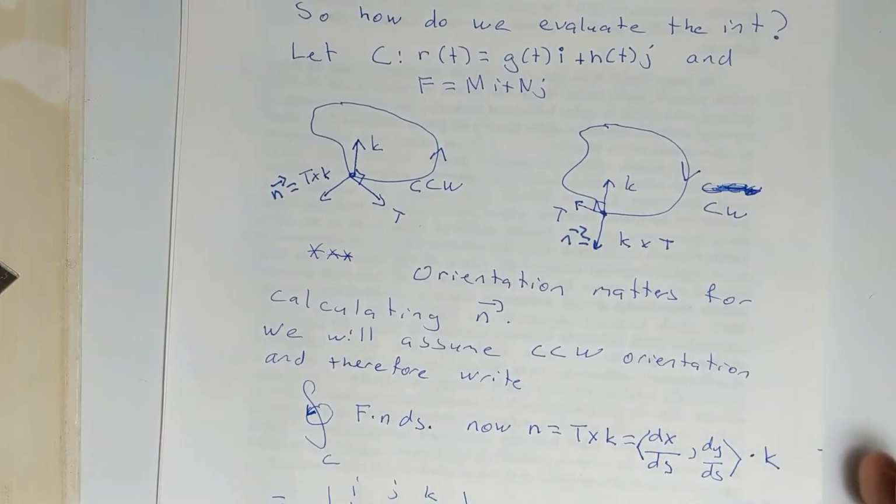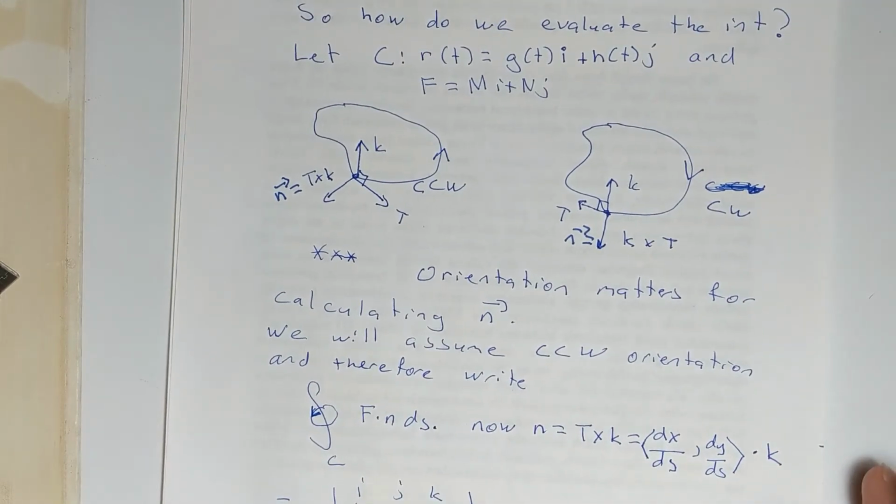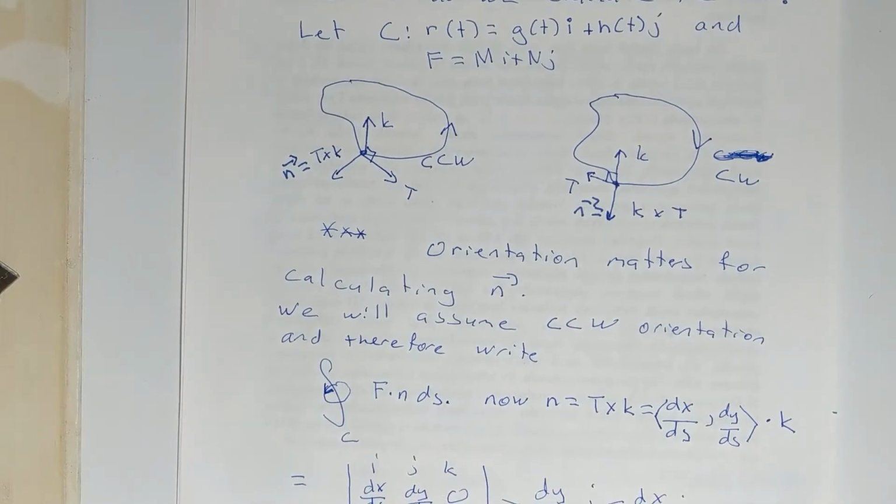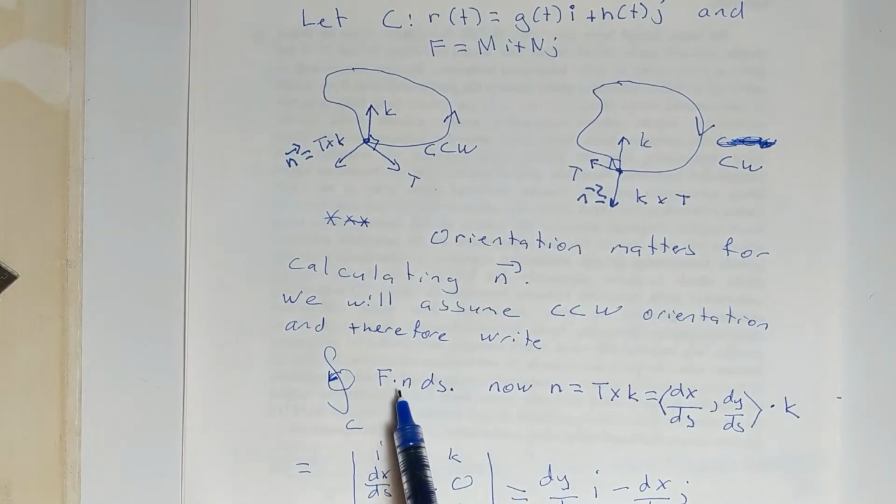So today, we're always going to assume we're parameterizing curves counterclockwise. Unless I say otherwise, I'm always going to try to find parameterizations of the given curve in a counterclockwise manner. So the way we're going to set this up is F and ds. We want to evaluate this.